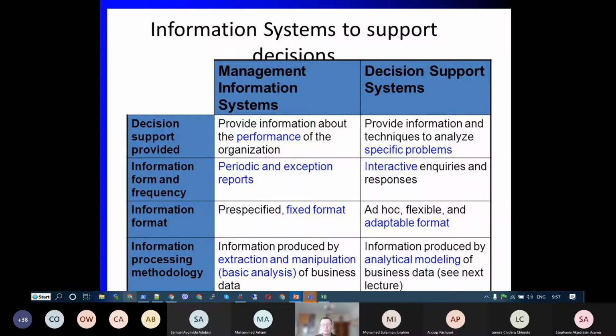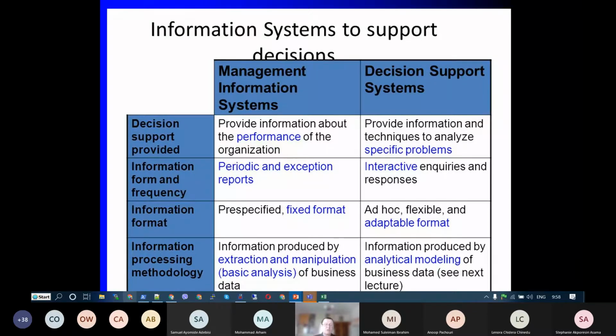Management information systems are more concentrated on the performance of the organization, while a decision support system every time addresses specific problems. For example, when we talk about a diagnostic task, we will always speak about a decision support system but not a management information system, because when we talk about medical diagnostics, that is exactly the point: specific problems have to be solved.